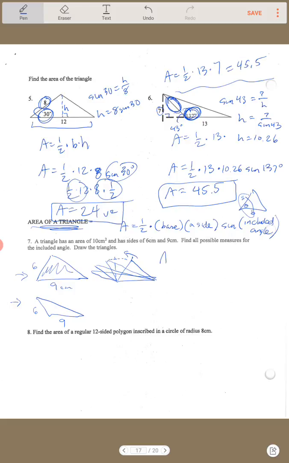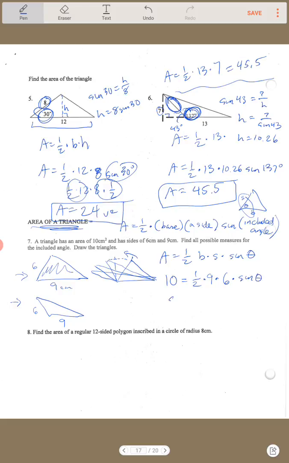Well, what we know is that the area is equal to half times the base, and then times a side times sine of the included angle. Well, if the area is 10, then 10 equals half times the base, which we can call 9, times the included side, which is 6, times sine of the included angle.